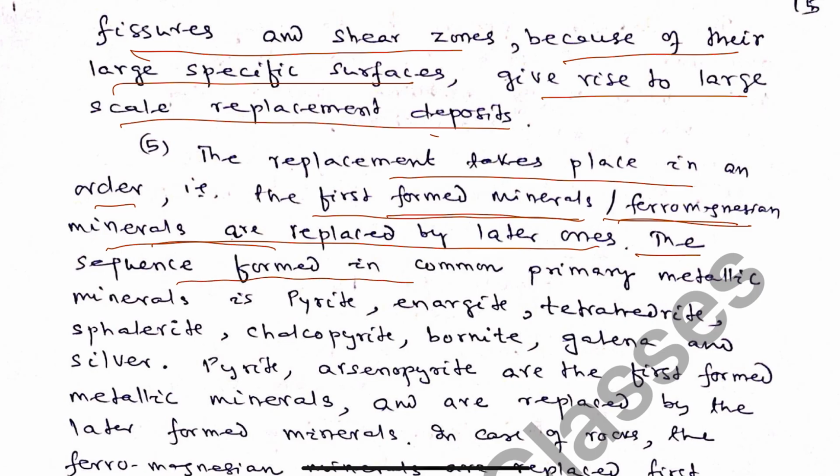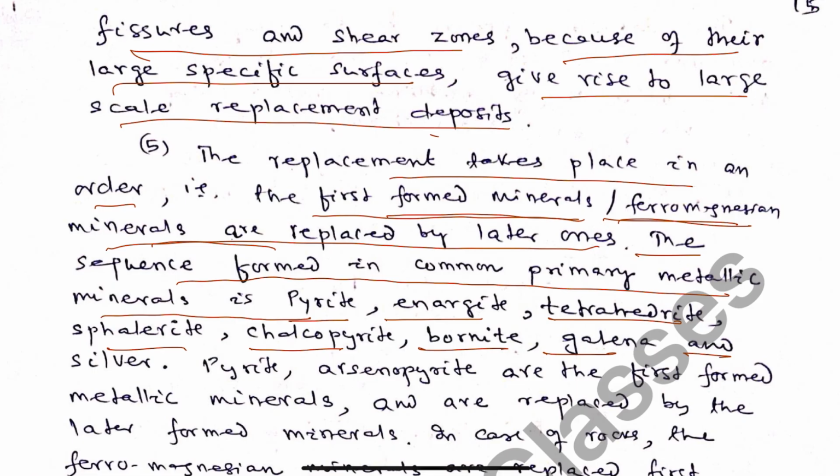The sequence formed in common primary metallic deposits is pyrite, enargite, tetrahedrite, sphalerite, chalcopyrite, bornite, galena and silver. In this order the minerals are found to be deposited.